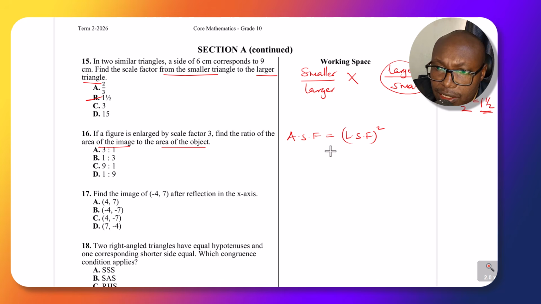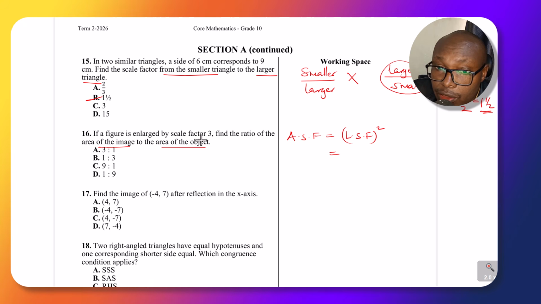So in this case, we have the linear scale factor. And remember, this is very important. It is the image to the object. The figure is enlarged by scale factor of 3, so we need to be very keen when it comes to that.